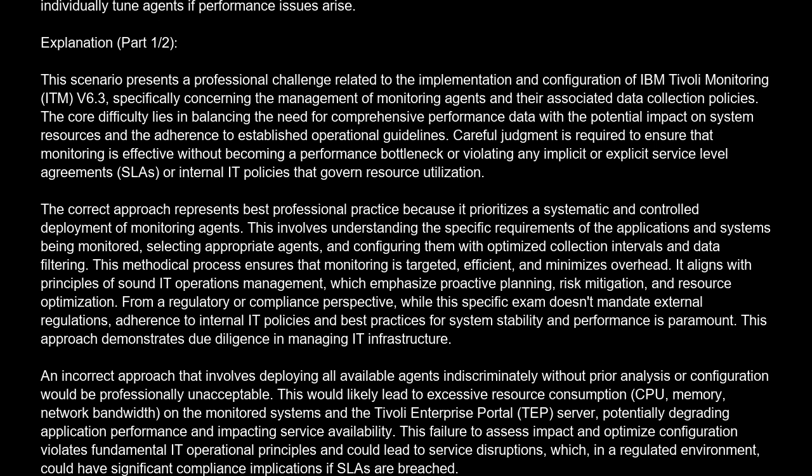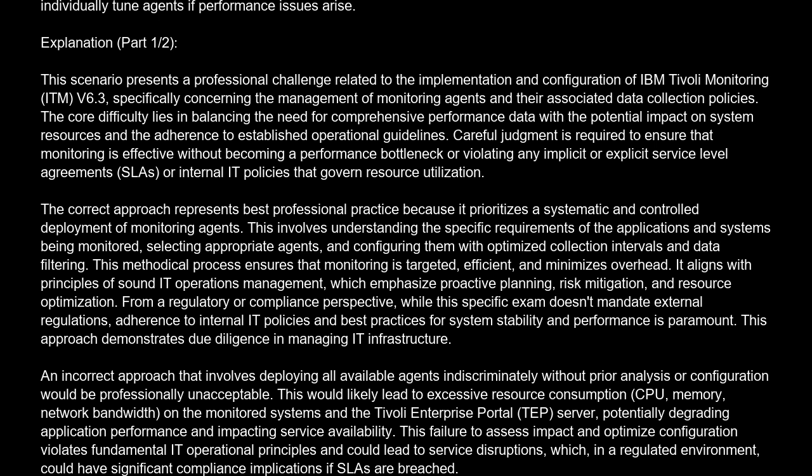It aligns with principles of sound IT operations management, which emphasize proactive planning, risk mitigation, and resource optimization. From a regulatory or compliance perspective, while this specific exam doesn't mandate external regulations, adherence to internal IT policies and best practices for system stability and performance is paramount. This approach demonstrates due diligence in managing IT infrastructure.